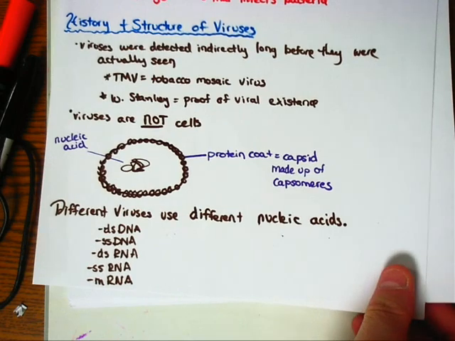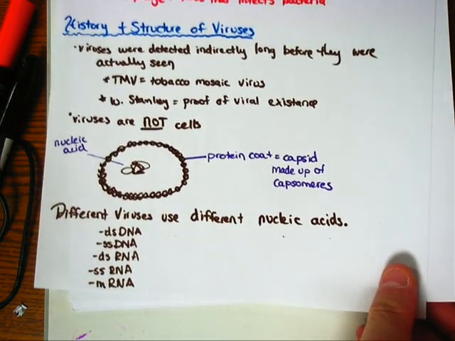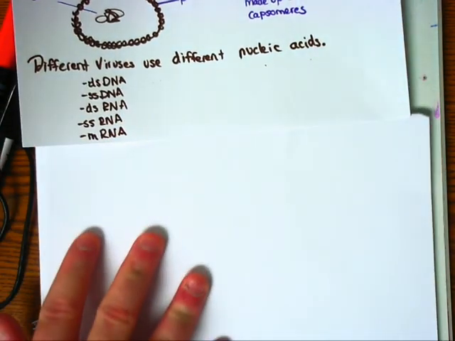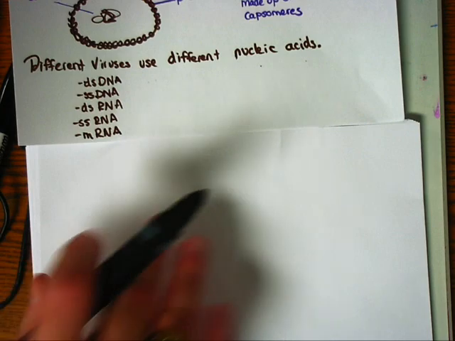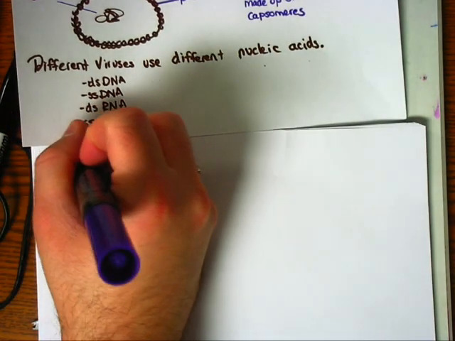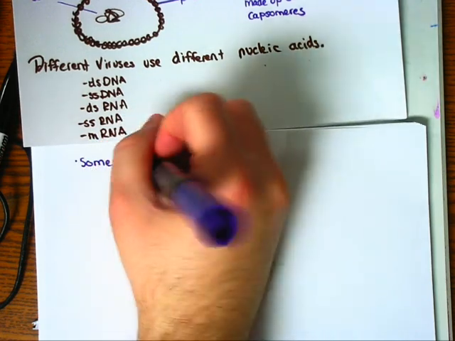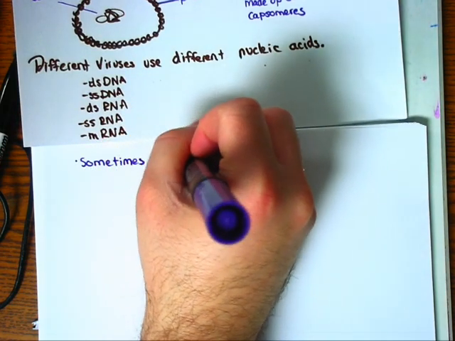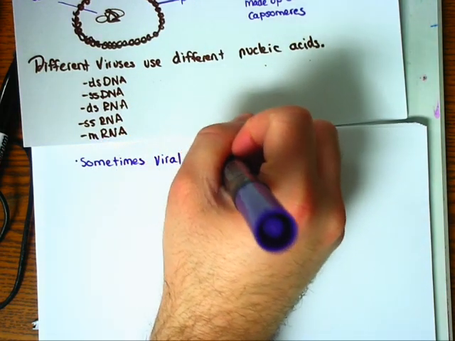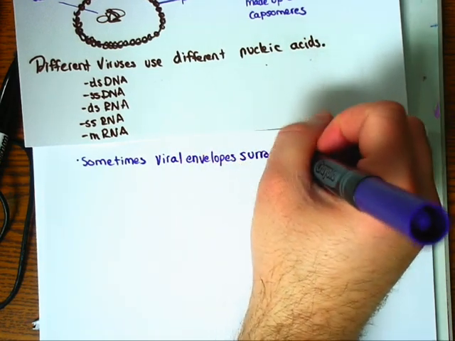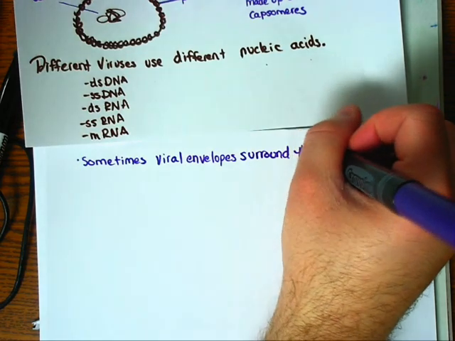The influenza virus, for instance, has a viral envelope around it. So we might want to add to this list of stuff that viruses have that there are viral envelopes sometimes. And these surround the protein coat, or the capsid.